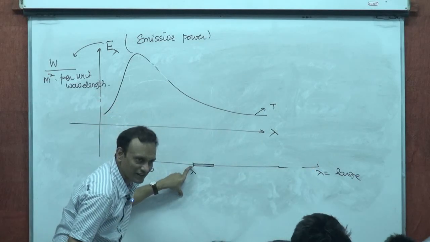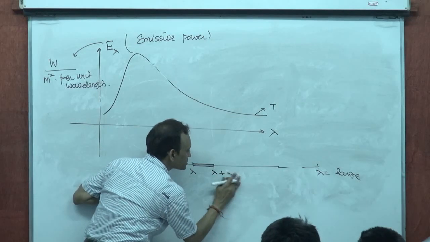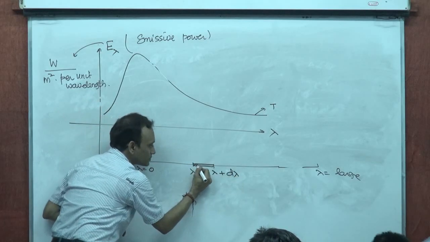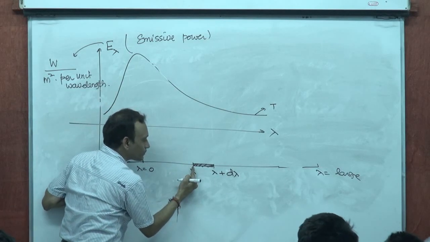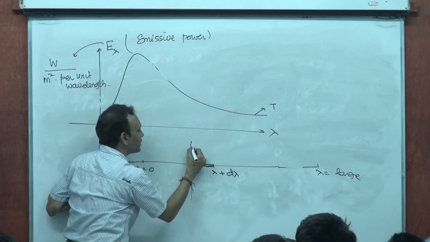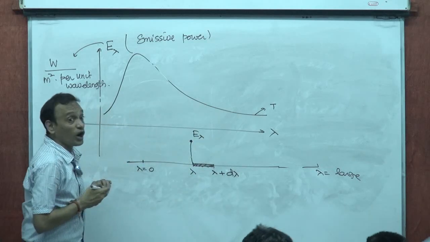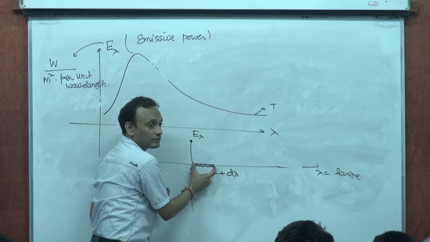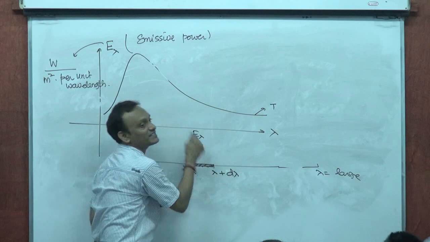If I take a certain wavelength lambda, then there is a small band around this, lambda plus d lambda. When I say the emission at lambda is E lambda, what it really means is the watts per meter squared per unit wavelength surrounding lambda.